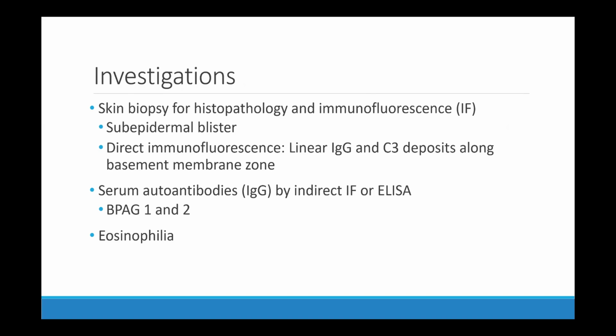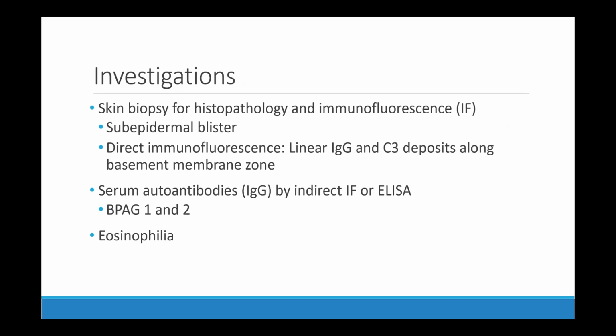Investigations include skin biopsy for histopathology and immunofluorescence, or IF. And on histopathology, you see the presence of a subepidermal blister. On direct immunofluorescence, there are linear IgG and C3 deposits along the basement membrane zone. Next, you can also send for serum autoantibodies, which are IgG, by indirect immunofluorescence or ELISA.